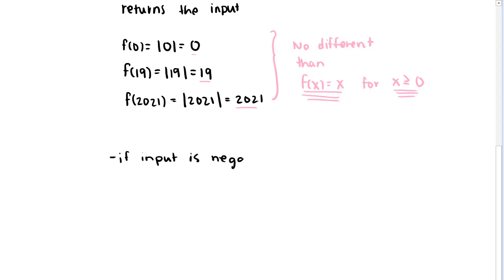But if we look at the negative values of x, so if the input is negative, the absolute value function outputs the same number but with the opposite sign.